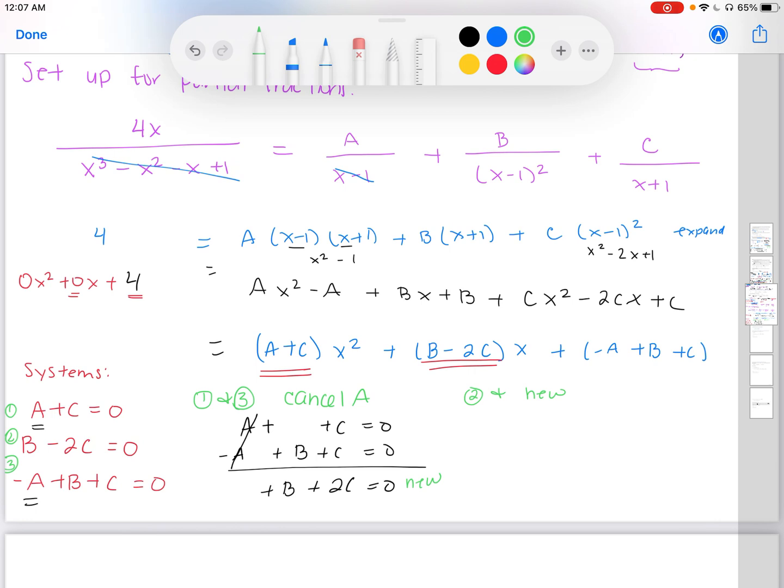That's our new equation. We can add those two to work with b and c only. We see that our c's add up to be 0. Equation 2 is b minus 2c equals 0. Our new equation is b plus 2c equals 0.